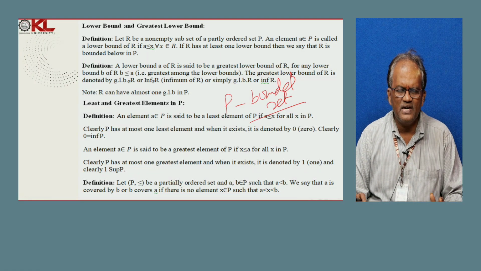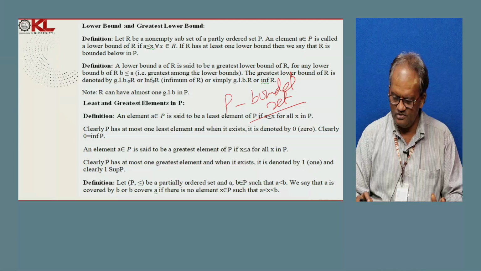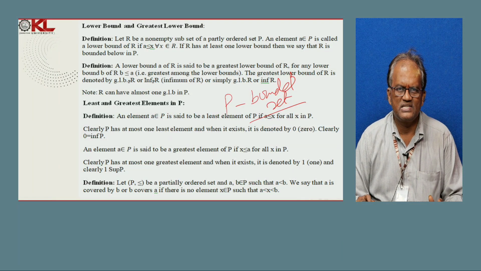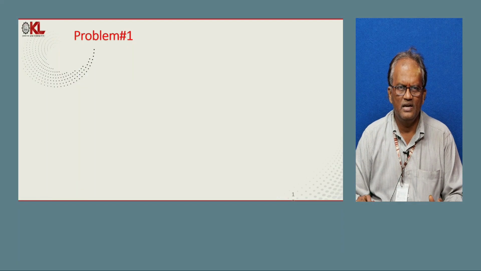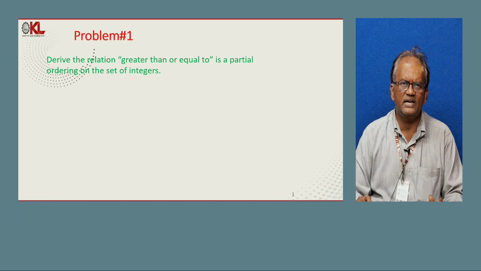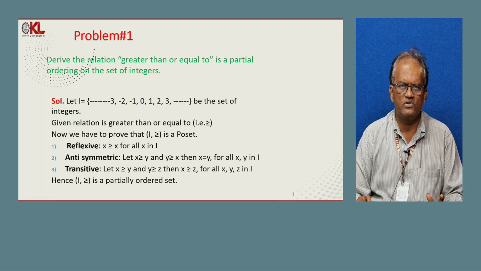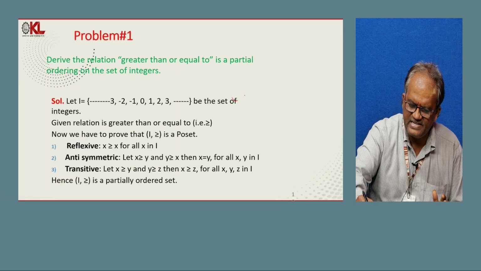These are the different properties of posets which we have to know when we study partial order sets. Okay, now let us see how we can construct a partial order set, whether a given set with some relation is a partial order set. I have taken here the integer set.